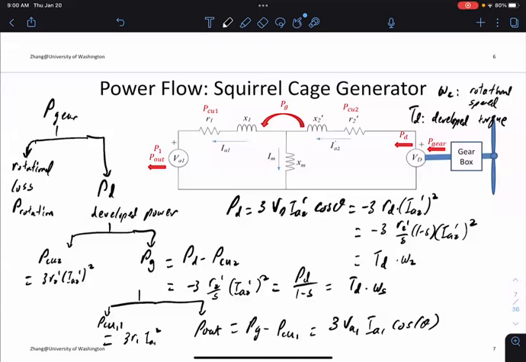Other questions? Yeah, go ahead. Previously you talked about generator efficiency. Is that outside the gearbox, or does that also include reactive power? Right, previously I talked about generator efficiency. Here we're going to capture it as the P rotation, the first thing that gets lost after P gear. We're not talking about reactive power yet.